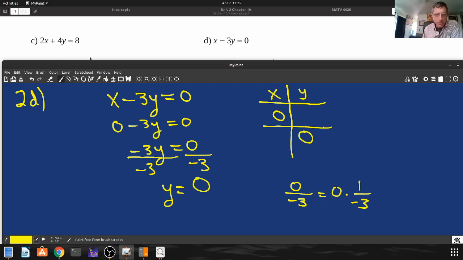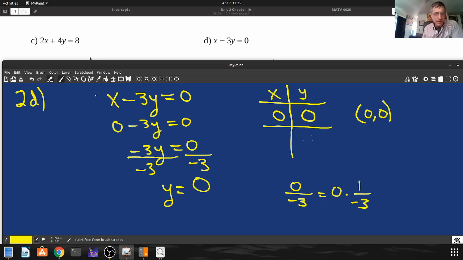And unfortunately, what did I just discover? This line goes through the origin because this corresponds to the point 0, 0. So that tells me that my x and my y-intercept are the same.